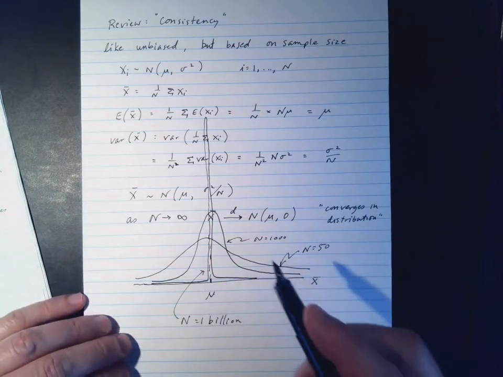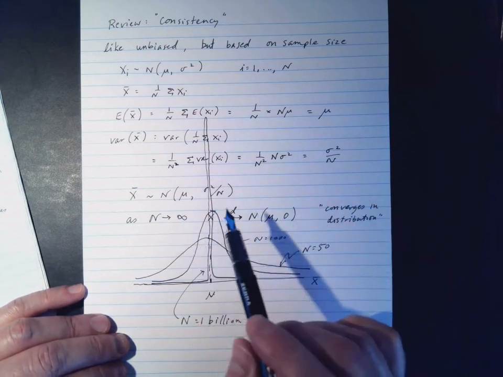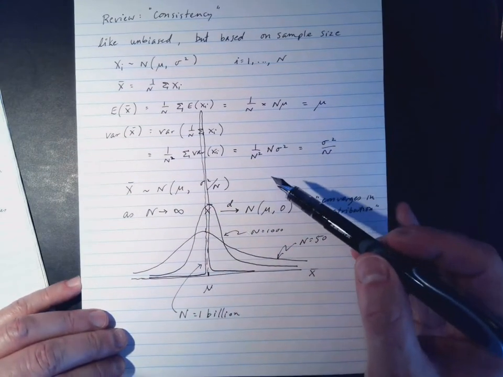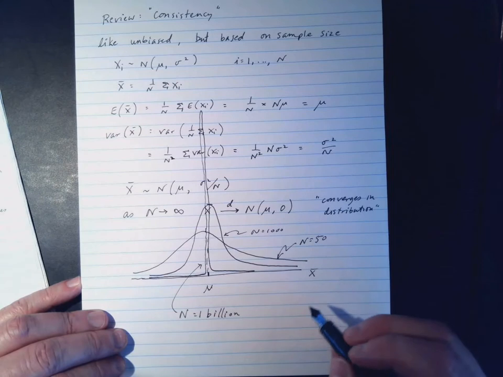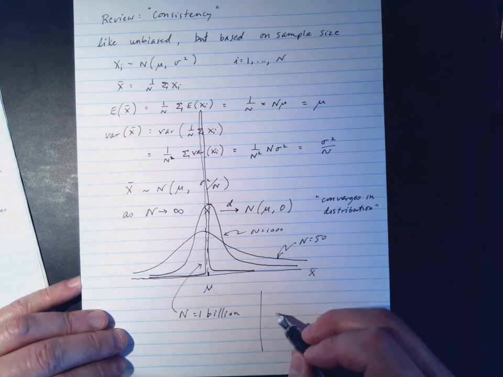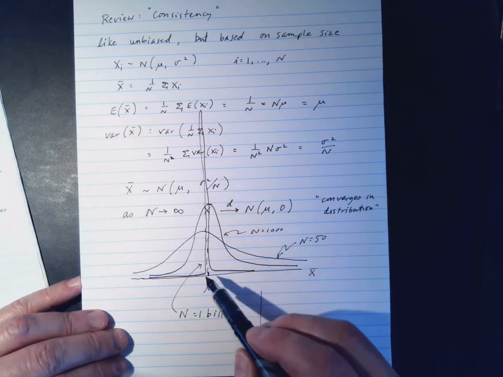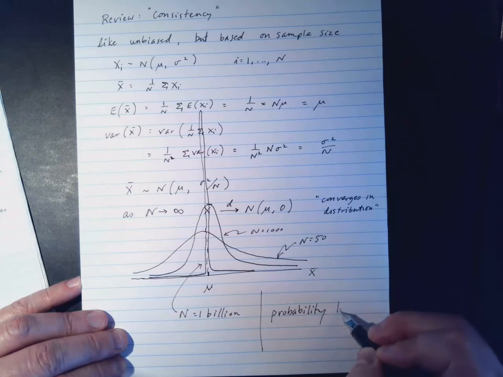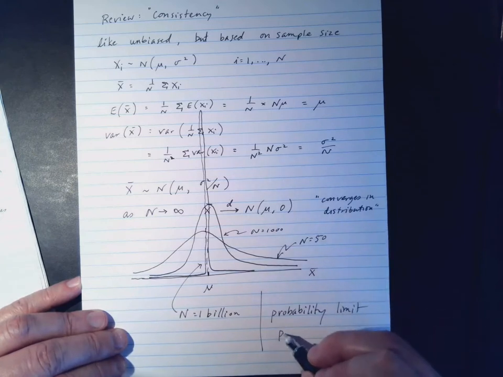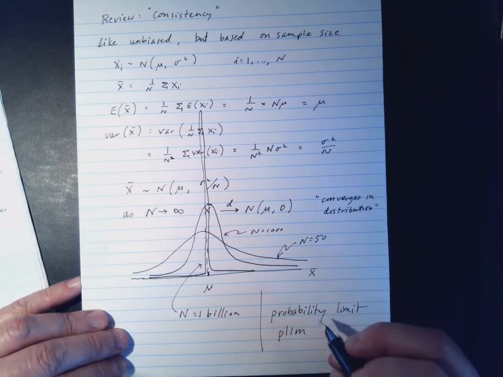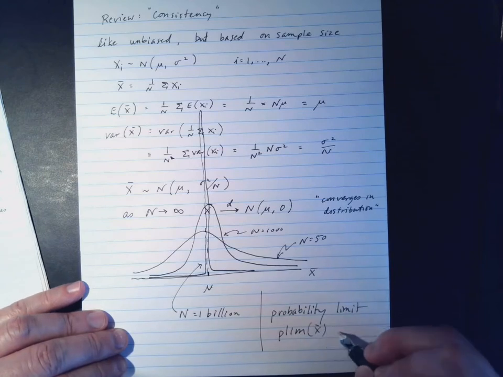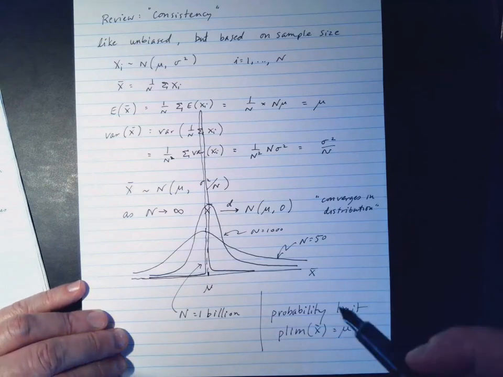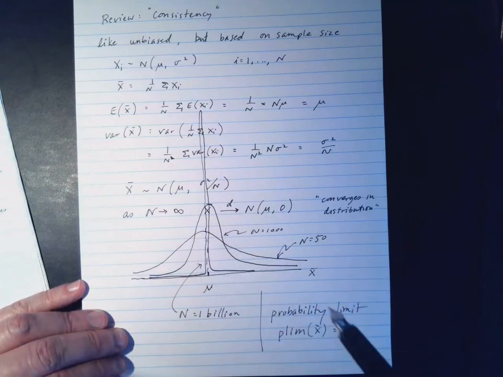Since it's a limit, we call it a probability limit, or plim for short. So the plim of x bar equals mu. In the limit, x bar collapses onto mu.